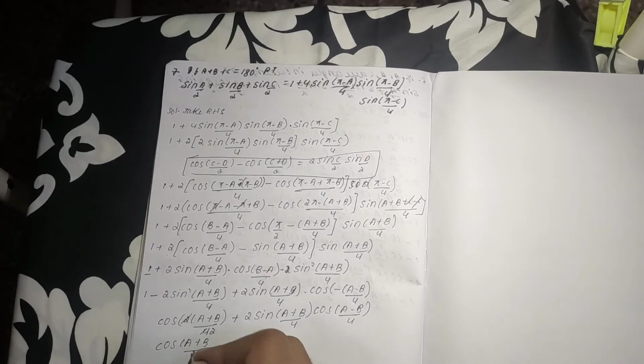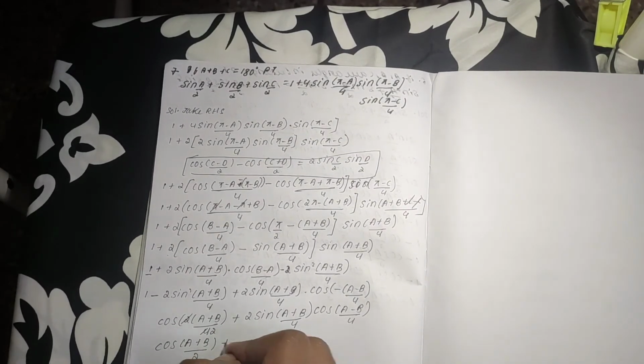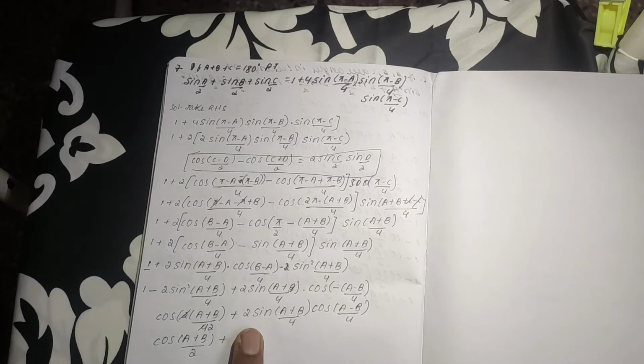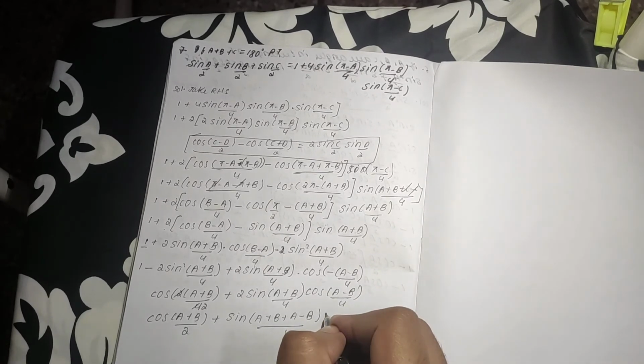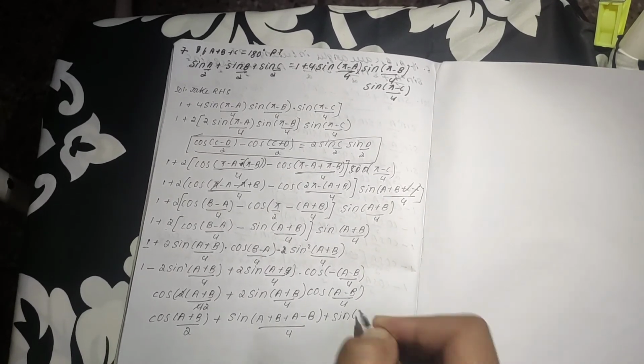Cos of (A plus B) by 2 plus, this is in the formula of 2 sin (A by 2 plus B by 2), which is sin of ((A plus B) plus (A minus B)) by 4 plus sin of ((A plus B) minus (A minus B)) by 4.